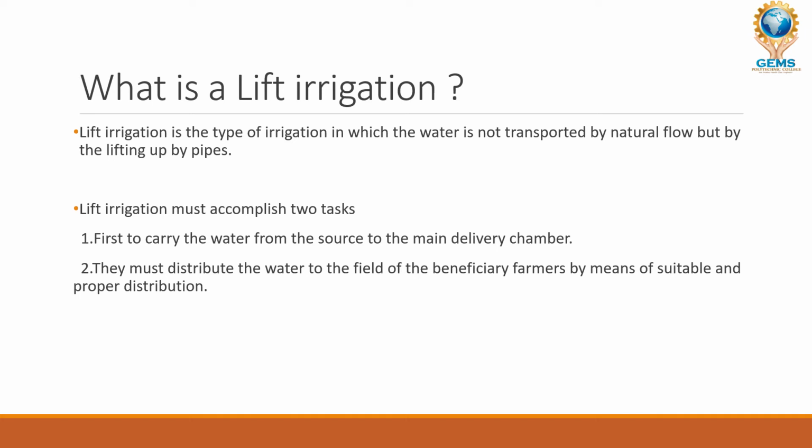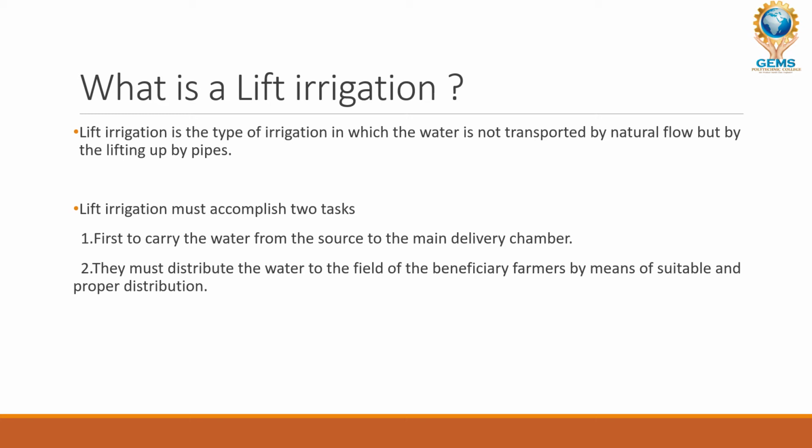There are two main tasks you have to achieve for lift irrigation. First, the water you are carrying from the source to the main delivery chamber should be determined. You have to determine a place where you are going to collect the water from the storage and deliver it to the main delivery chamber, and finally to the irrigating land.